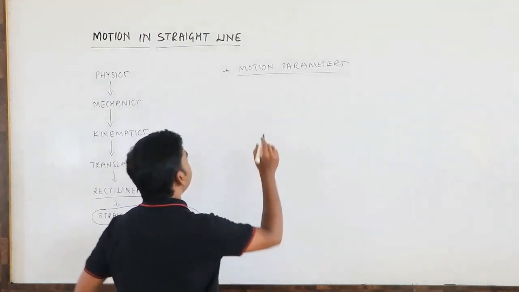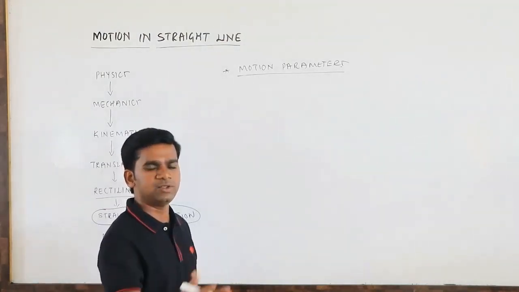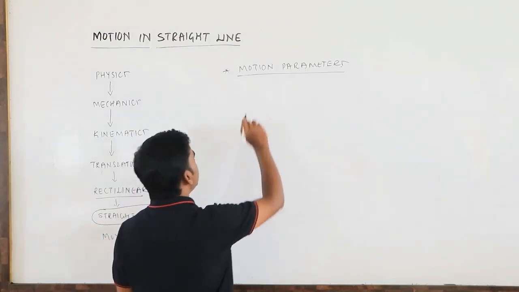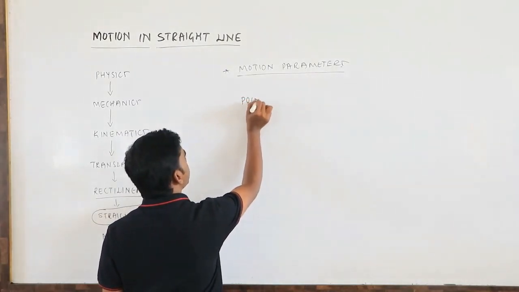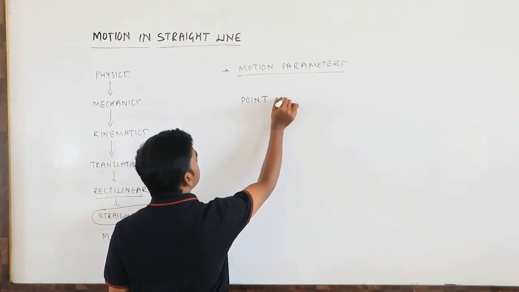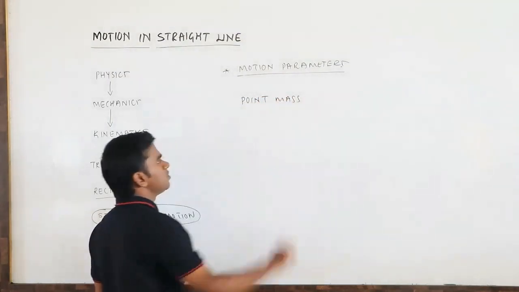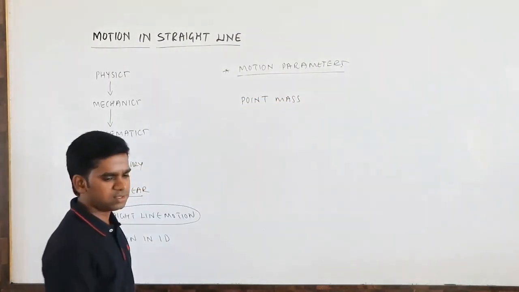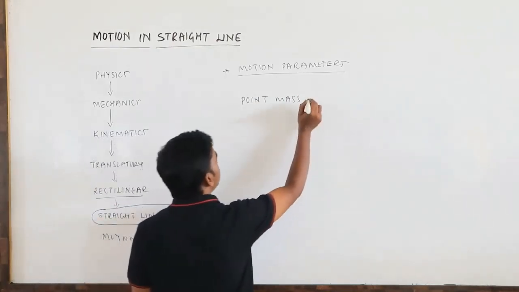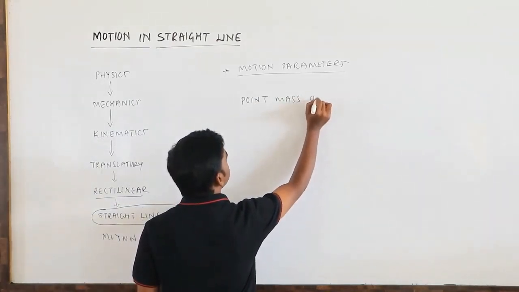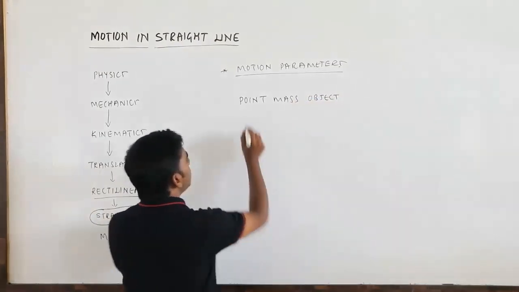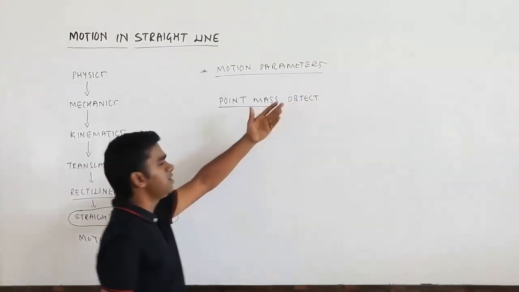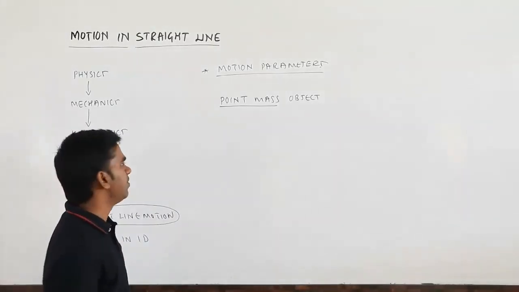So first, a very important thing here, and that may be a new word to you, is point mass, or it is also called point mass object. Okay, you can call it only point mass or point object, whatever.